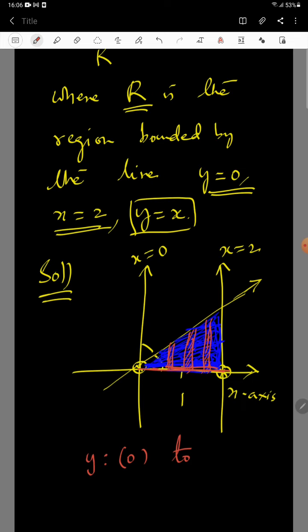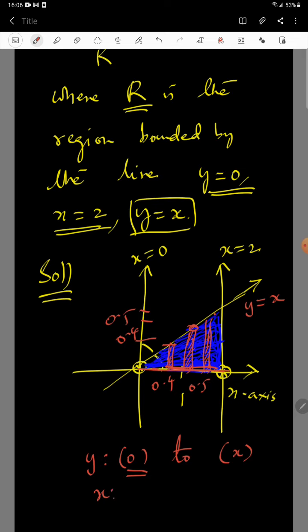What is the end of that one? Then this line is y is equal to x. So what is the boundary? If x is 0.4, then y will go up to 0.4. If x is 0.5, y will go up to 0.5. If x is 0.9, y will go up to 0.9. Means y goes up to that x, whatever x you have selected.